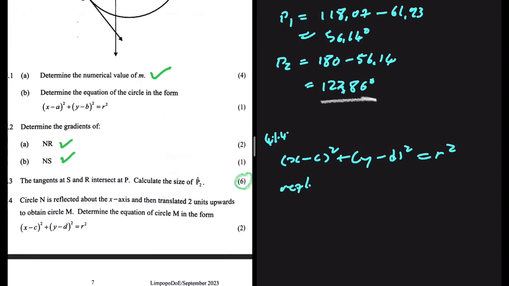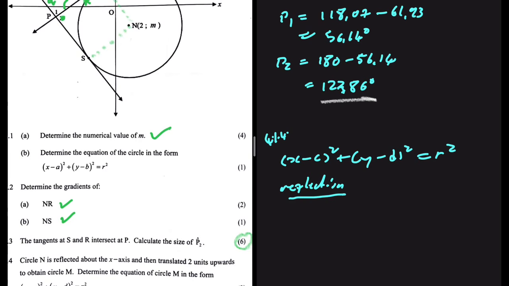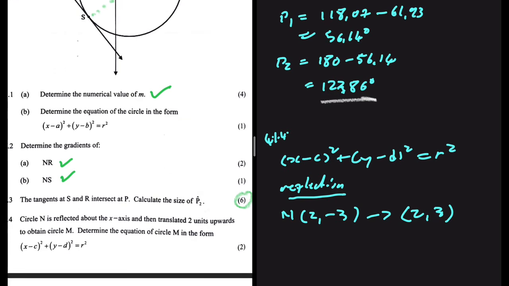Reflection about the x-axis: you just put a negative sign on the y value. So the coordinates of N were 2 and -3. If we reflect about the x-axis, we're going to get 2 and +3, because minus multiplied by -3 should be +3. So that is our reflection.